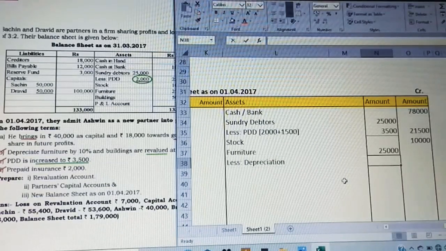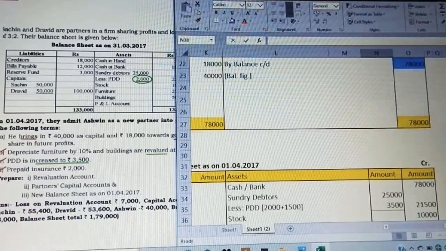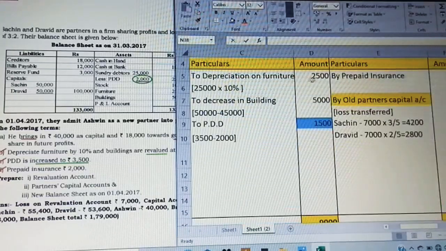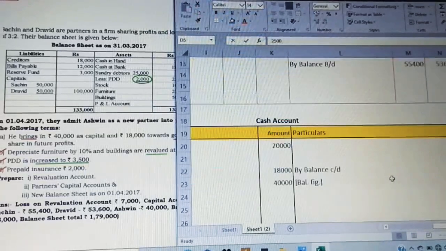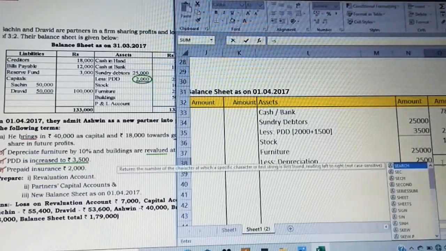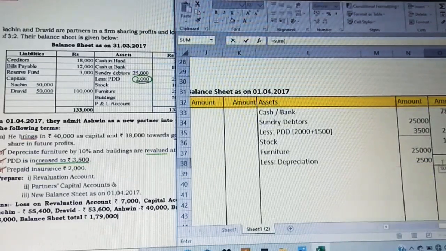What is the depreciation value which we did in the revaluation? We have calculated it, right? In the revaluation account, depreciation on furniture is 2,500. So this is what I'm going to take now, 2,500. The value which we get now is going to be checked by us.